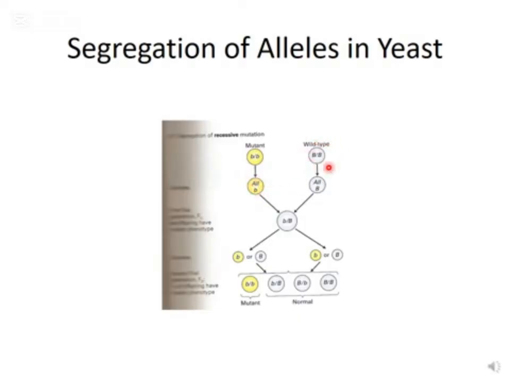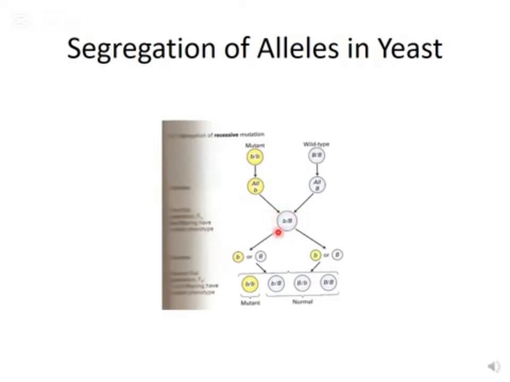The wild type is dominant, however it's homozygous dominant, so all the gametes are going to be the same. If these two mate, all their progeny is going to have a combination of a recessive mutant with a dominant wild type, resulting in a dominant wild type genotype.